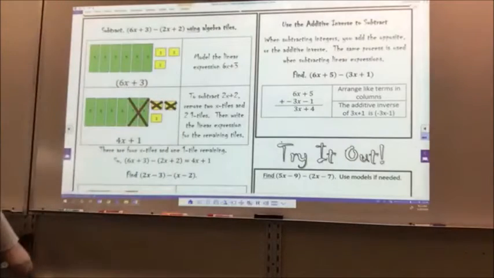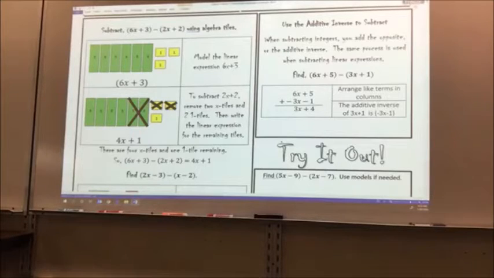All right, so let's take a look at an example. So again, I can use algebra tiles if I need to. So I'm subtracting 6x plus 3 minus 2x plus 2. And I'm using algebra tiles. So I drew my 6 green x's, they're positives, plus my 3, right? So I modeled the linear expression 6x plus 3, and then 2x plus 2.